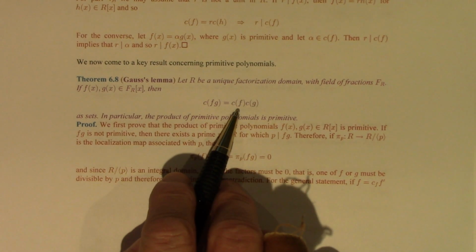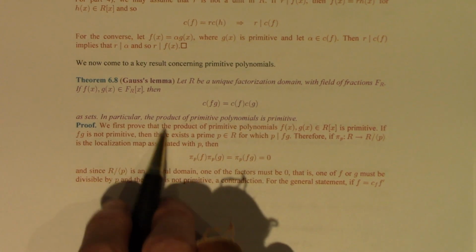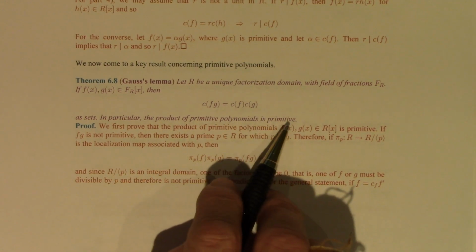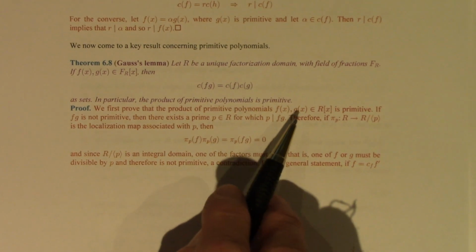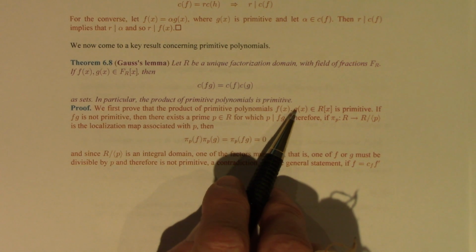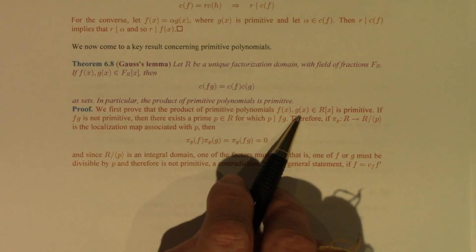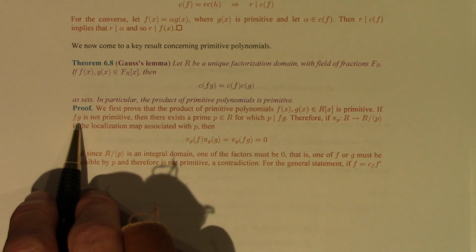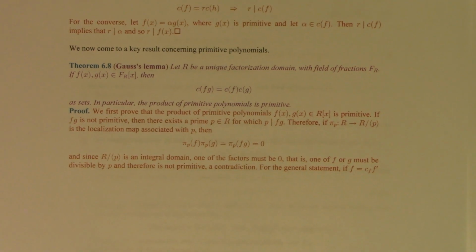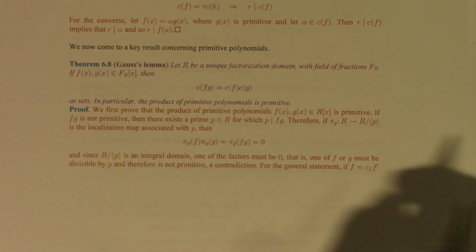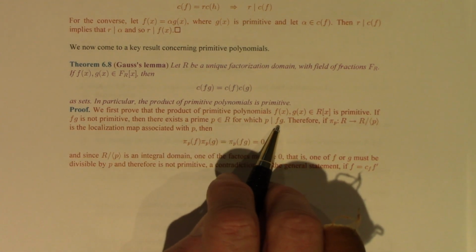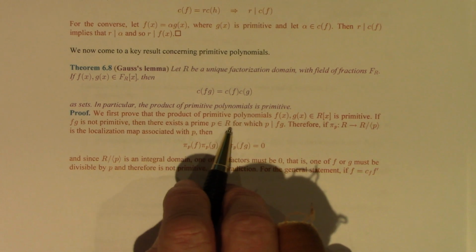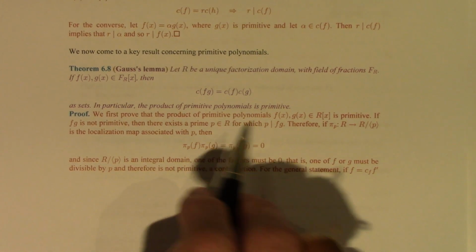The first step is to prove the second statement, that the product of primitive polynomials is primitive. So suppose f and g are primitive polynomials over the base ring R. If the product is not primitive, then there's a prime that divides the product. The prime is in R, of course.